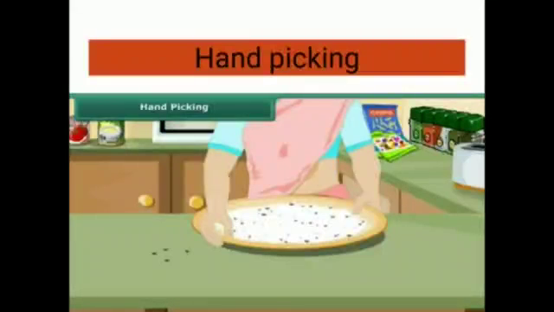Do you find only one kind of grain on the sheet? Or are there any pieces of stones or husk or some broken grains and particles of any other grains in it? Now remove with your hand the pieces of stones, husk and other grains from it. This method is called the hand picking method.